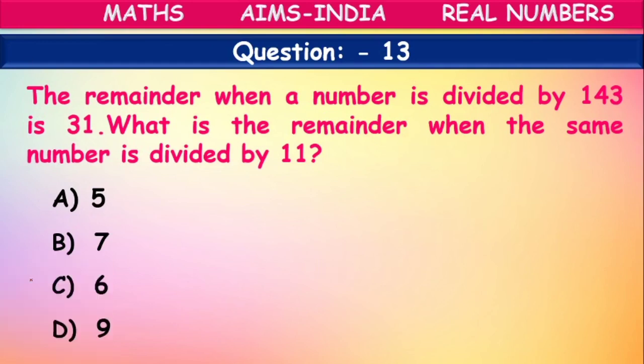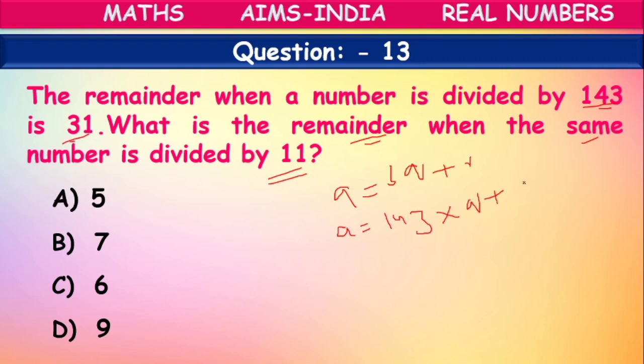The remainder when a number is divided by 143 is 31. So what is the remainder when the same number is divided by 11? So according to Euclid division lemma, we can write A equal to BQ plus R. Here we don't know the number. Let it be A divided by 143, means divisor is 143. Quotient also not given.